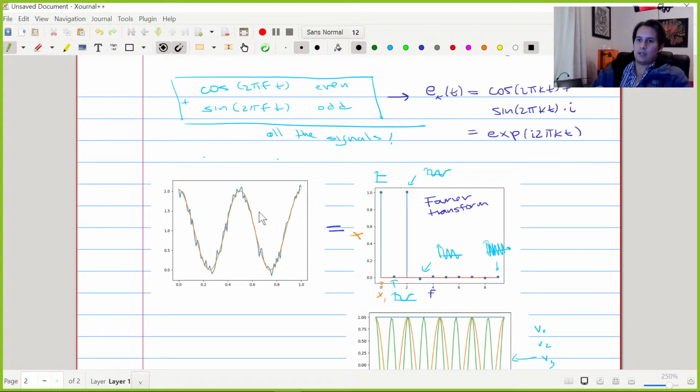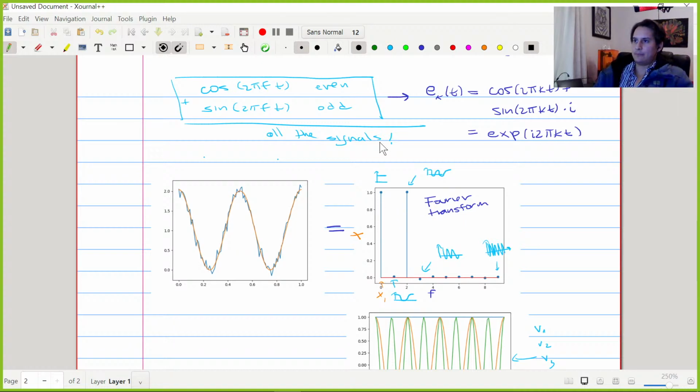You can see that another benefit of this representation in sinusoidal bases is that our function can be represented with just a few coefficients.